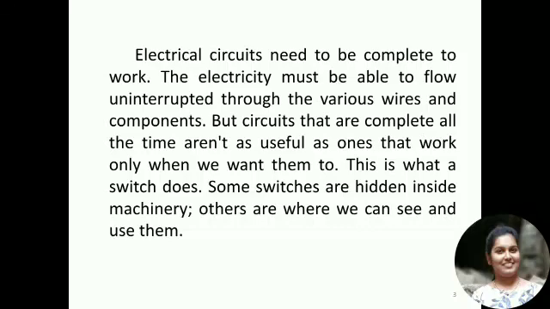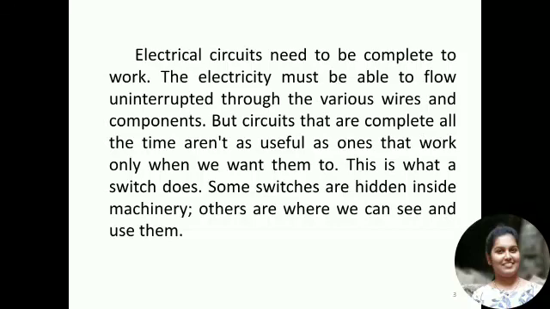Whether the circuit is working, idle, or off is purely based on one basic component, and that component is a switch. A switch makes the electrical circuit work according to our need.